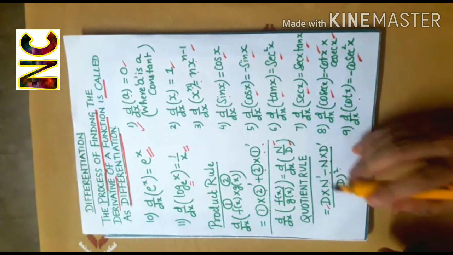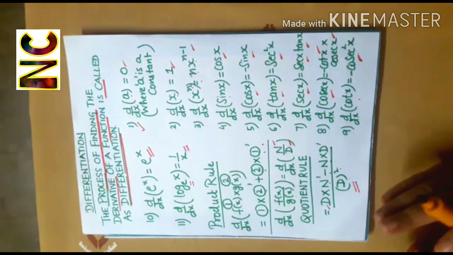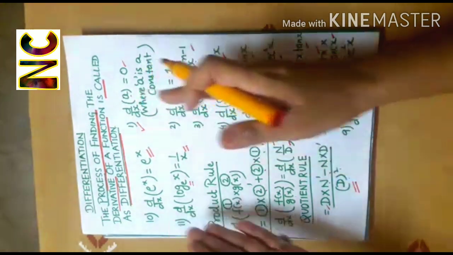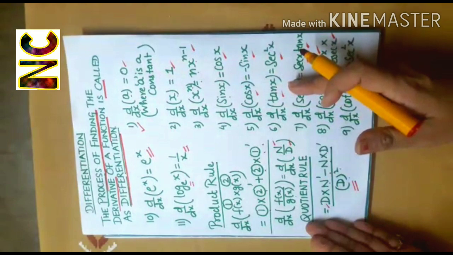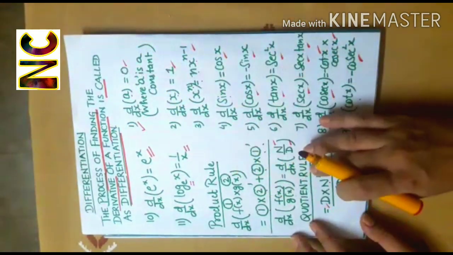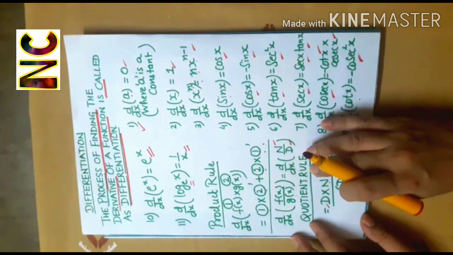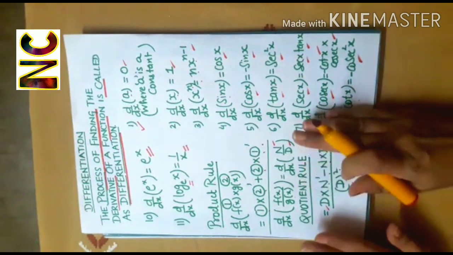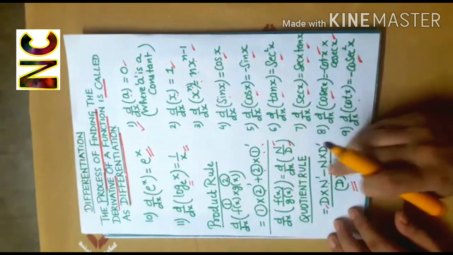This is the quotient rule of derivatives. Yes, this all you studied in your class 11th. You have to remember these formulas and these rules. They will be used very frequently in this chapter.